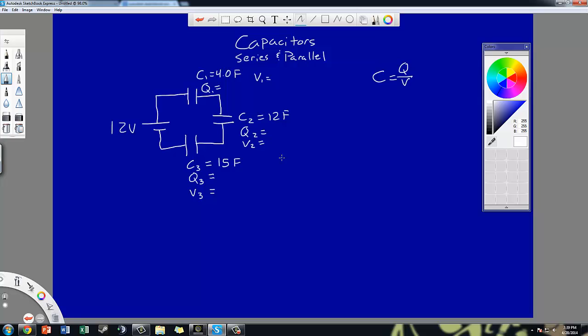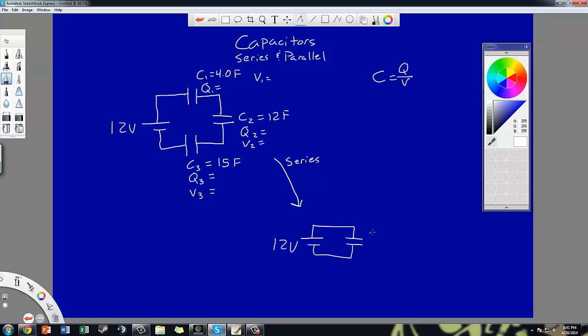So when we have capacitors in series, what we do is first off, I'm going to draw a little arrow, and I'm going to make a note for myself that these are in series. And I'm going to redraw this now with one consolidated capacitor.